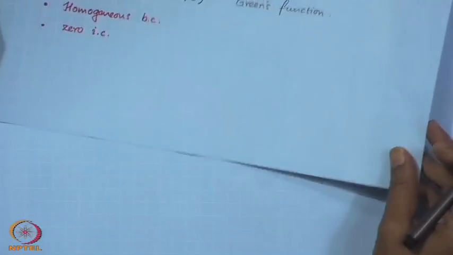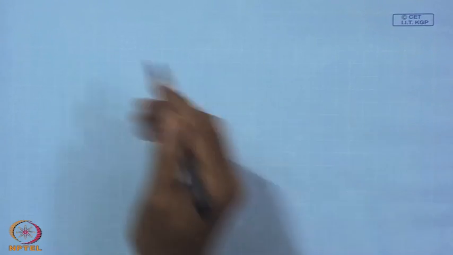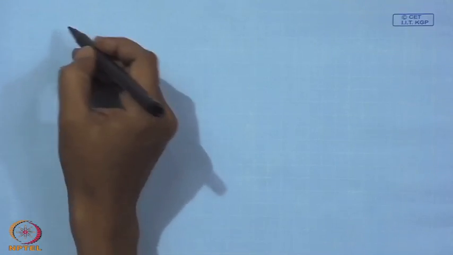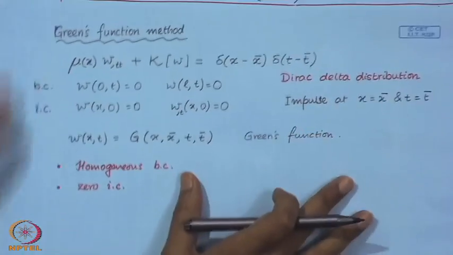So, let us first look at how this Green's function method works.